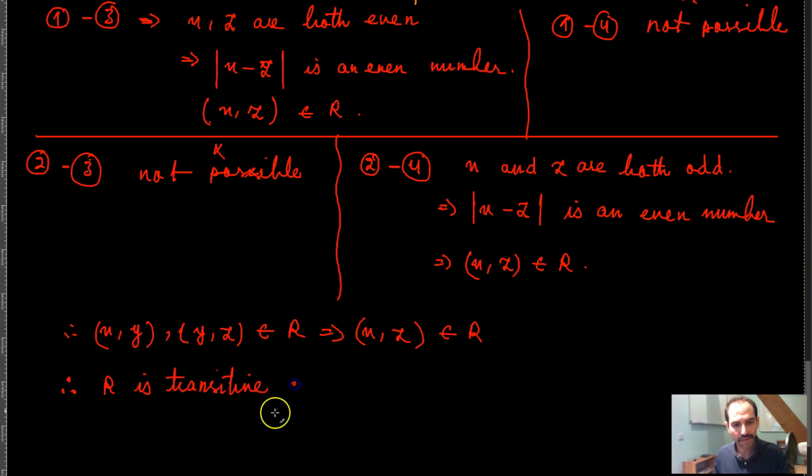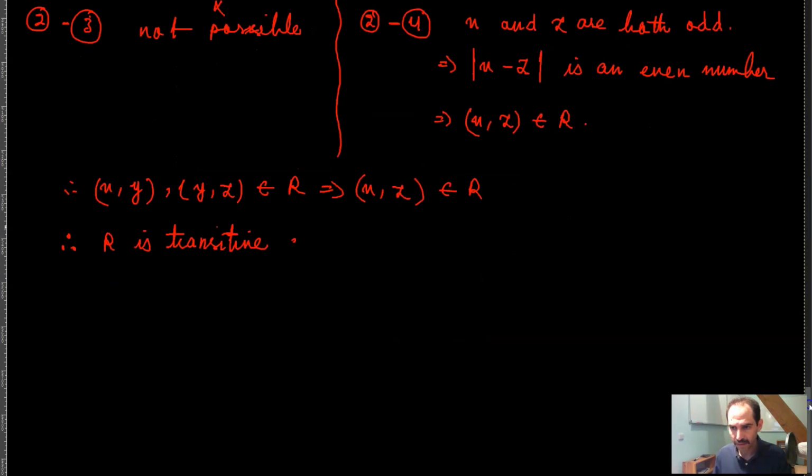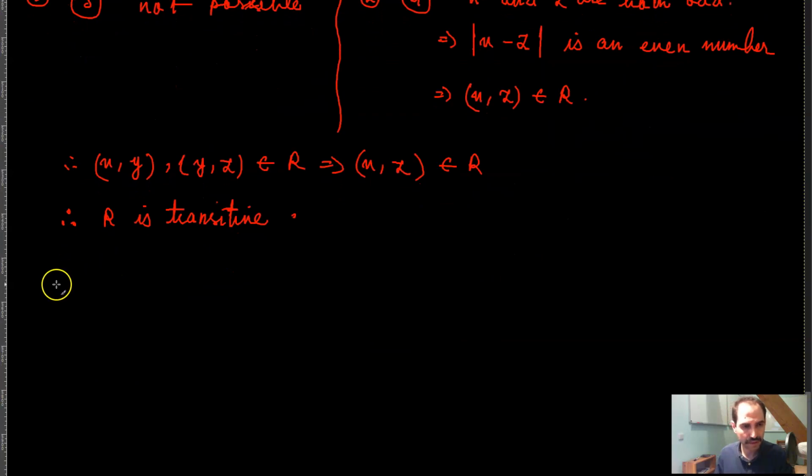R is transitive. And so what we have shown is that basically R is reflexive, symmetric and transitive.